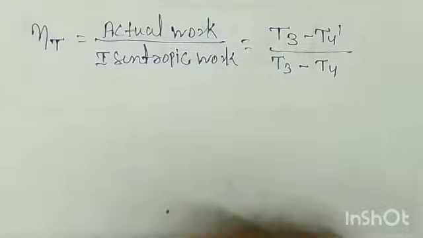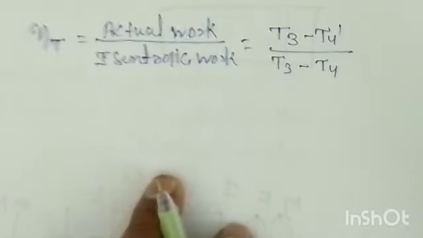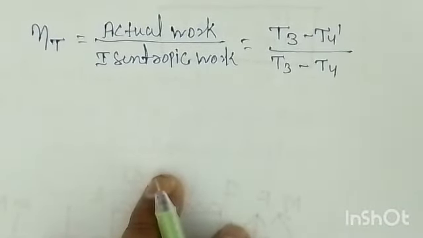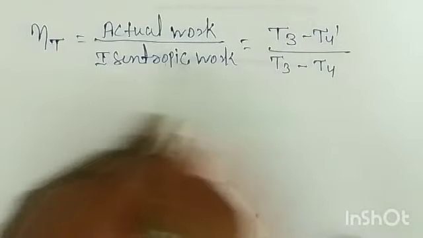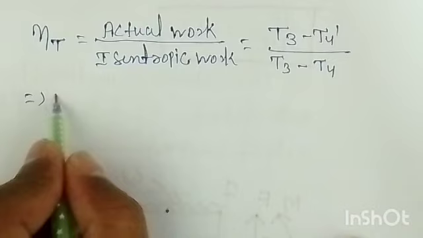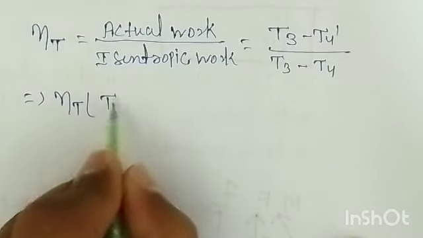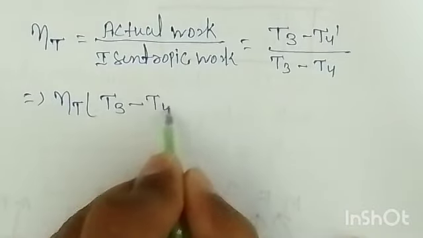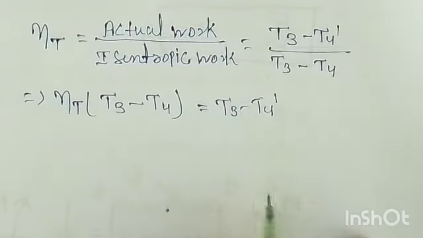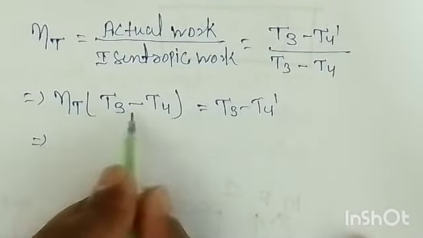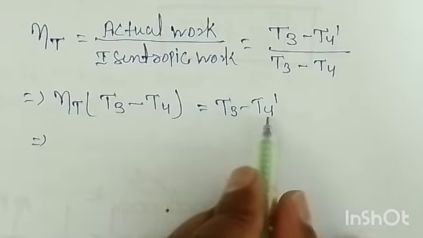Now you need to cross multiply and get the T4 dash value. When you cross multiply, eta T into T3 minus T4 is equal to T3 minus T4 dash. Now we need to find the actual temperature T4 dash.